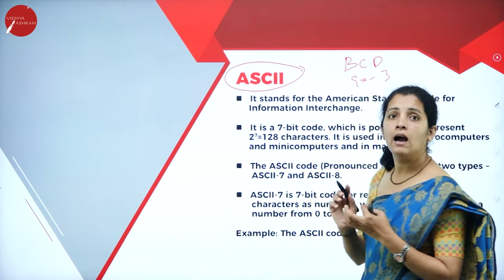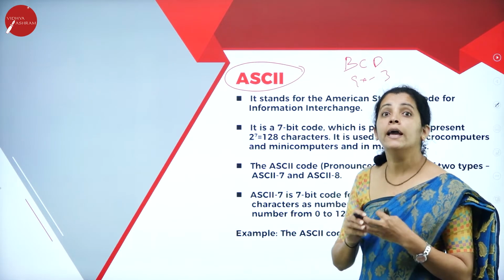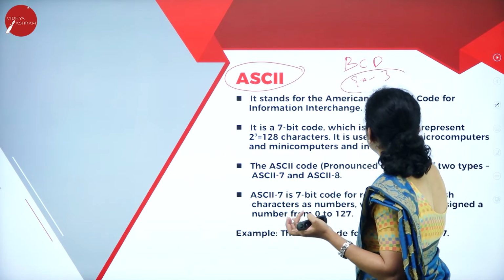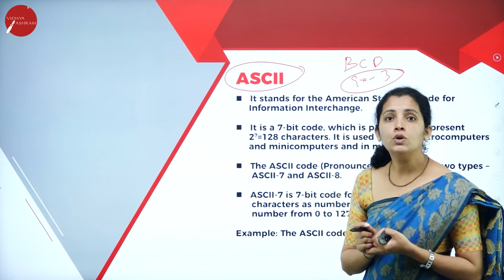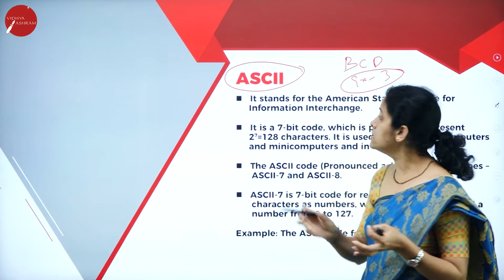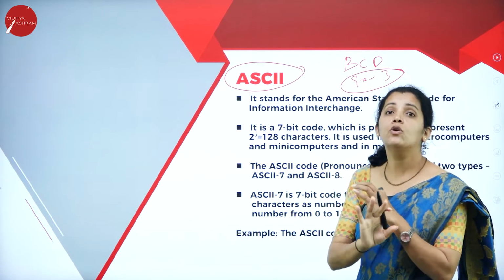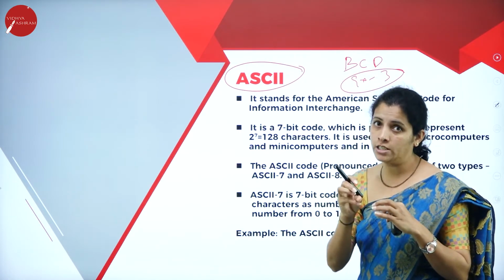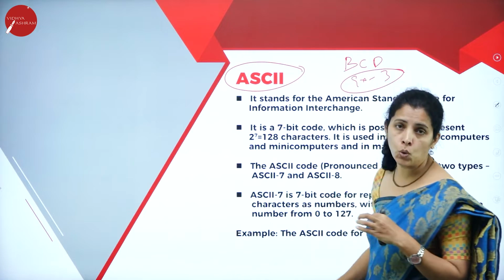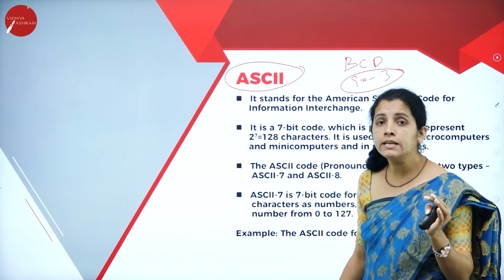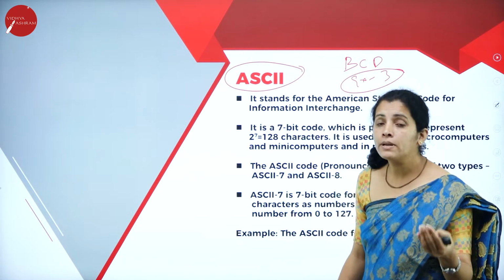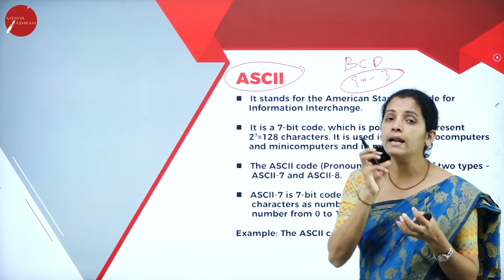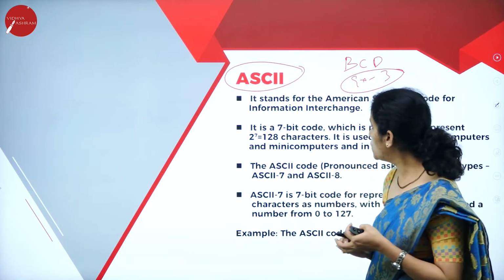ASCII, BCD and extended BCD are examples of weighted codes and Xs3 is an example of non-weighted codes. That means to represent a character, we are not going to consider any position or weight of the digit. But if I consider the rest of the codes, then to represent the digit or the bit, we are going to consider the weight. For that reason, it is called weighted code.